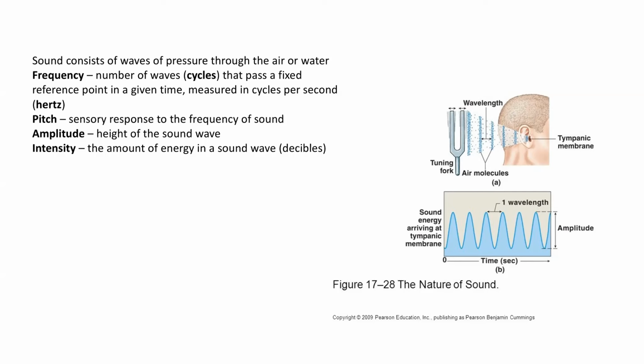The higher frequency is a higher pitch. The pitch is the sensory response to the frequency of the sound. So more wavelengths passing that given point is higher pitch. The amplitude is the height of the sound wave, and the intensity is the energy the sound wave produces, the decibels.